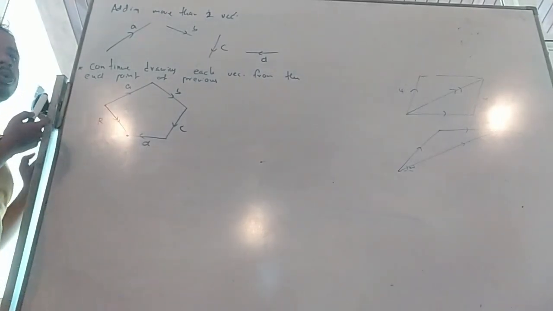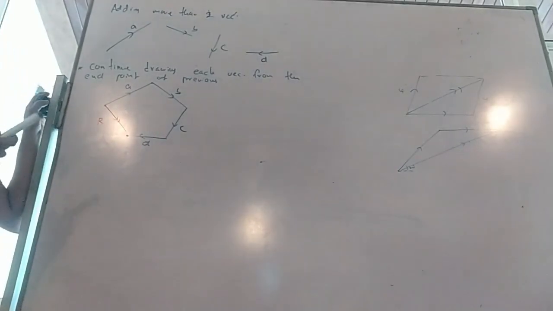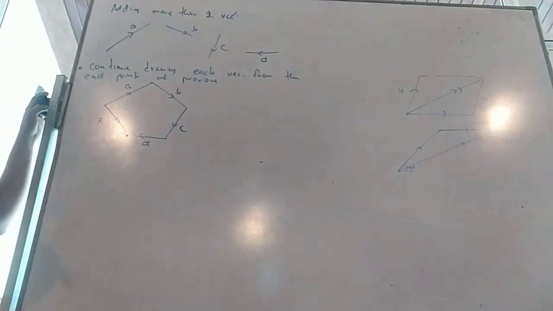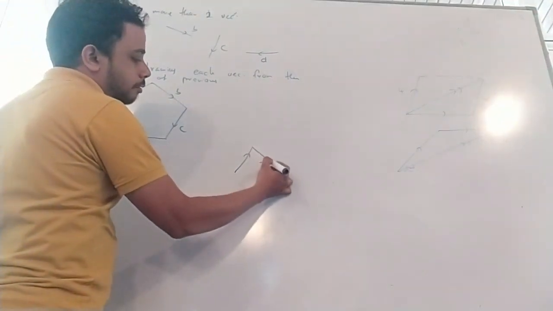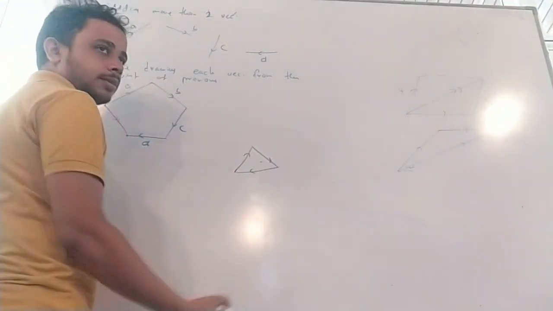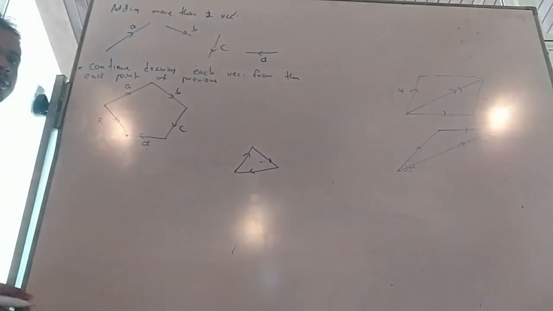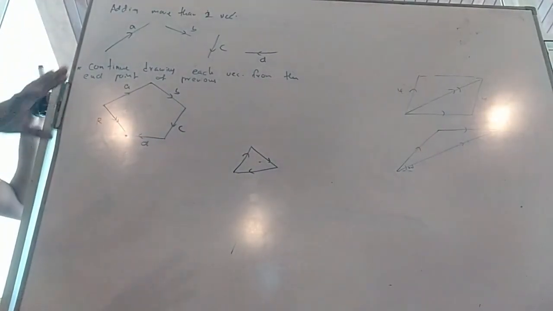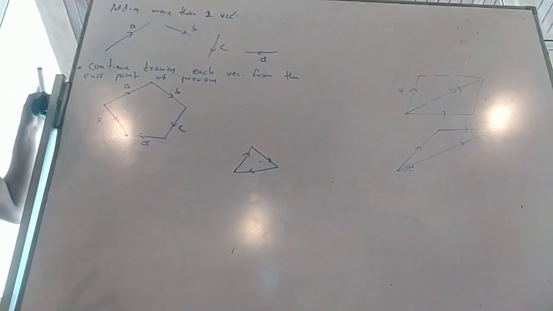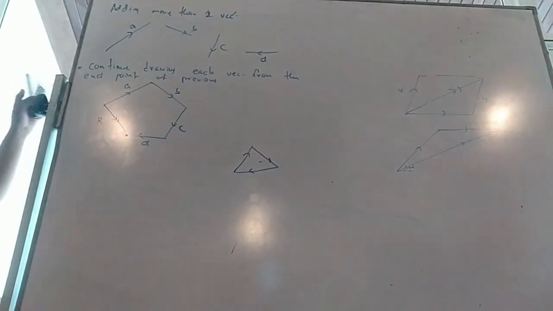Once you draw all the vectors, it will give you a complete polygon. If there are only 3 forces, once you draw like this, it will give you a completed triangle. If there are more than that, for a quadrilateral or anything, it will be a complete polygon. Is that clear? Understood?